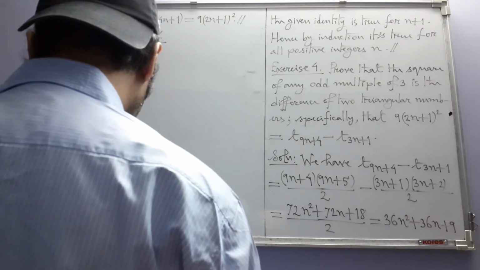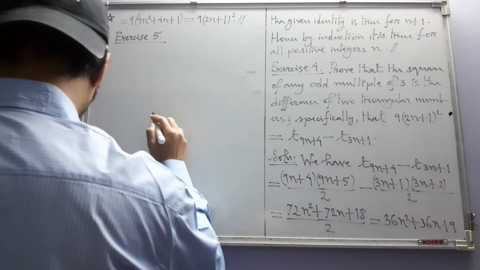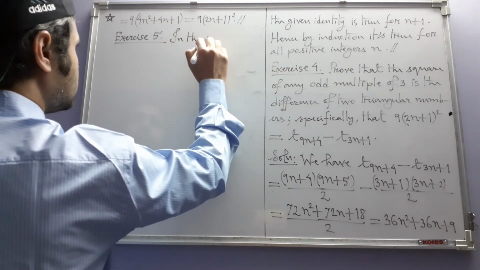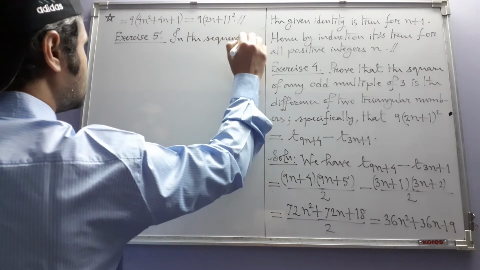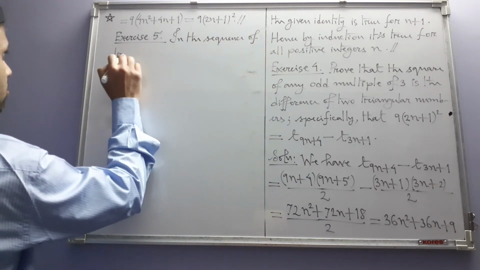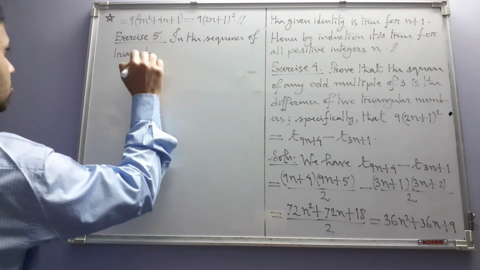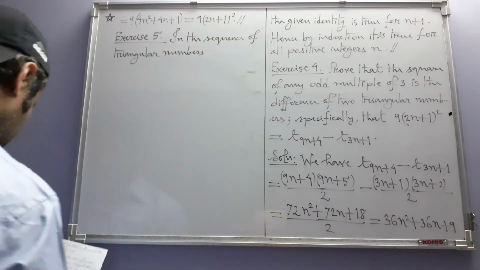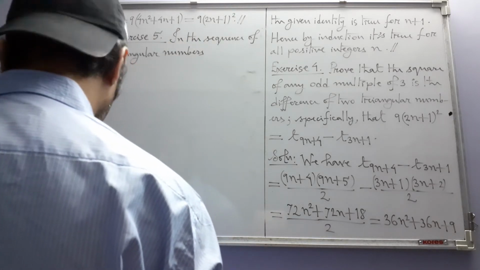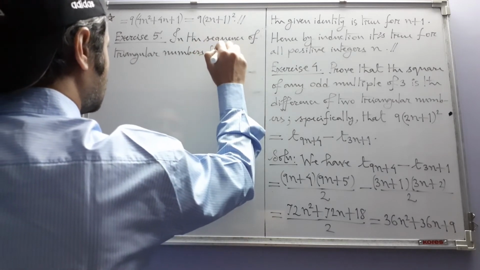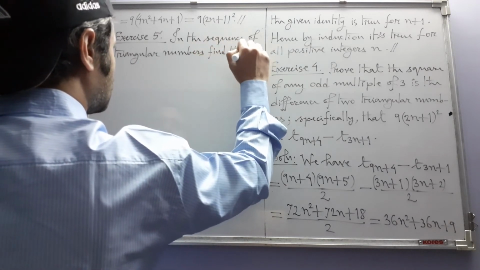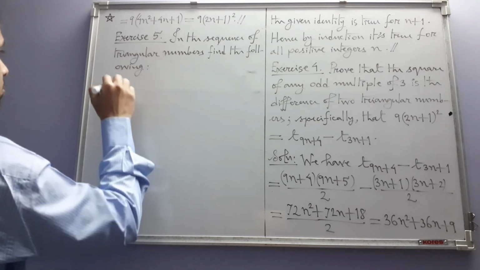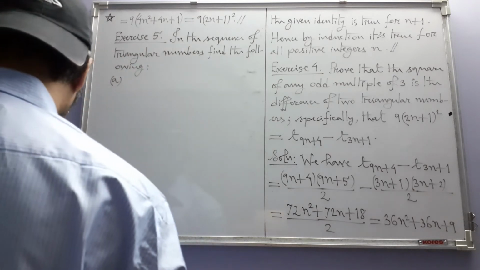In the sequence of triangular numbers, find the following. So there are 3 parts to this.